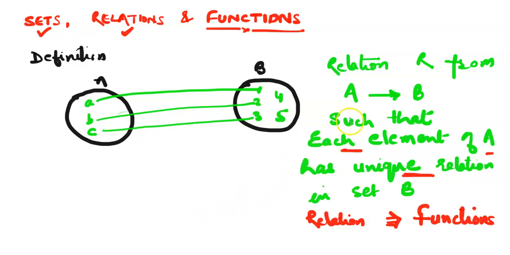So a relation R from a set A to set B such that each element of set A has a unique relation in set B. Each element of set A has a unique relation to set B.